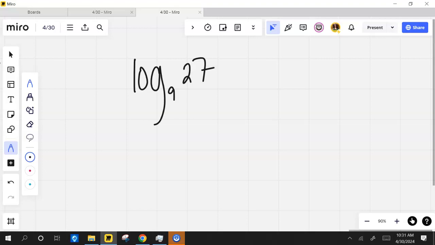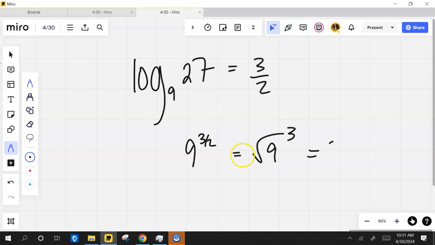Why is it 2/3? Oh, flip it. 3 halves. Why? The 2 underneath makes a square root, right? Think about this. 9 to the 3/2 is the square root of 9 cubed. It's going to be 3 to the third power, which is 27. One more that's not quite as hard.